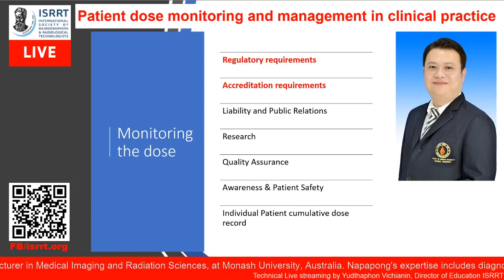A lot of us follow the Joint Commission International, JCI. This is part of that requirement, so we do it through the accreditation. Other reasons for monitoring the dose include liability, public relations, research, QA, awareness and patient safety.